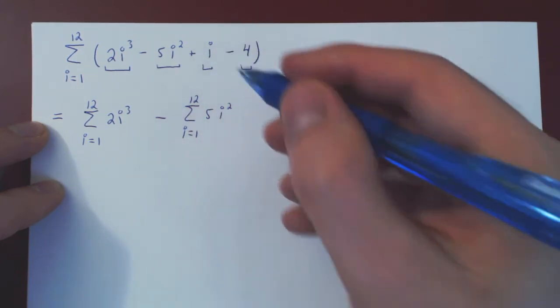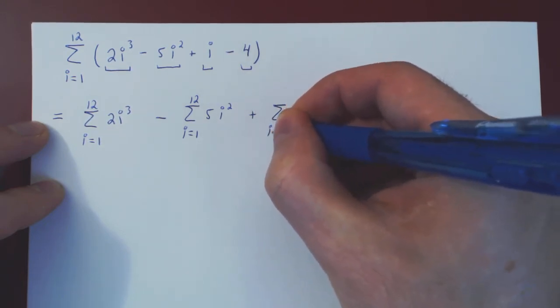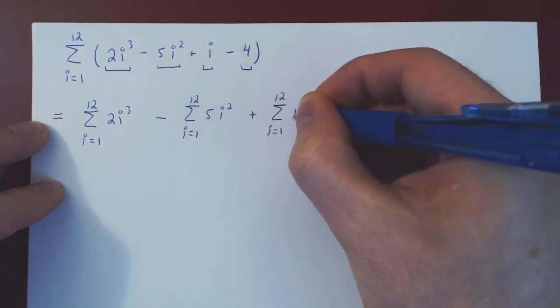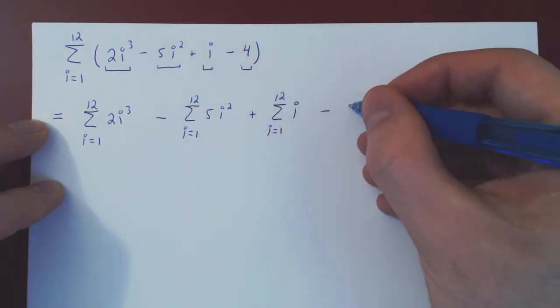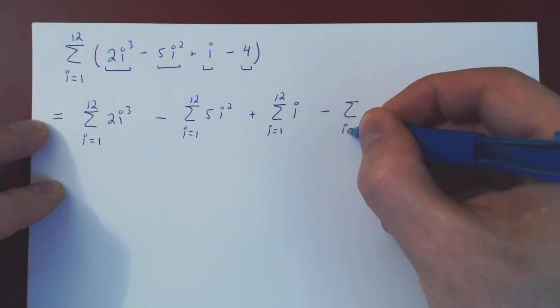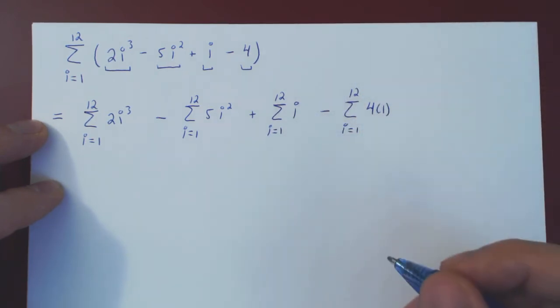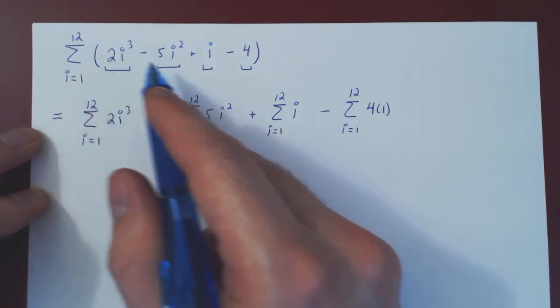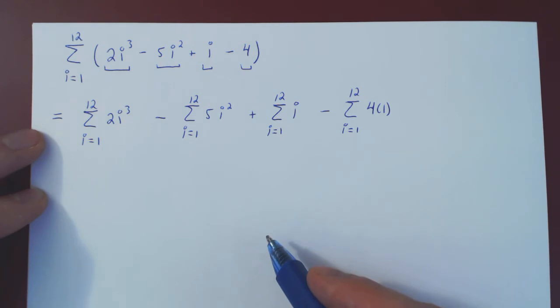Then we'll add the sum of the i's. Minus the sum of the 4's. And here I'll write 4 as 4 times 1. So first step, break up the single sum into 4 individual sums.